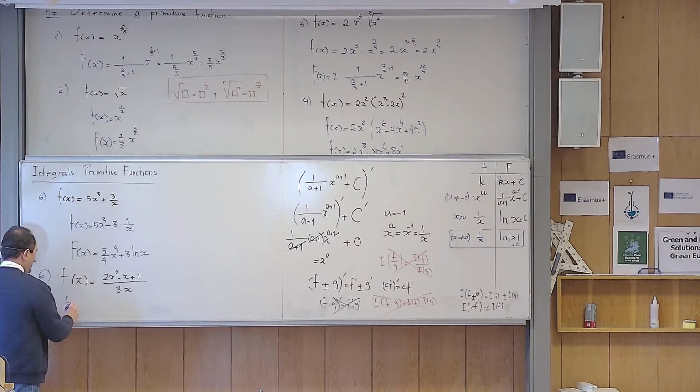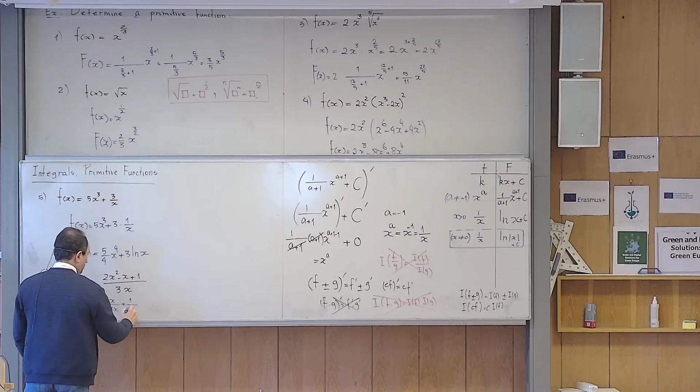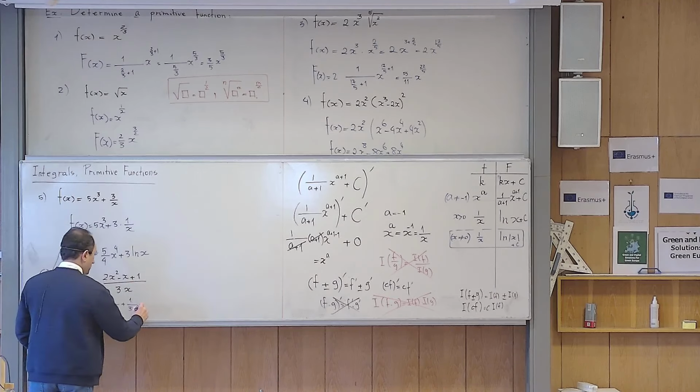You just write f of x equals this one divided by that one, minus this one divided by that one, plus 1 divided by that one. And then simplify it as much as you can.